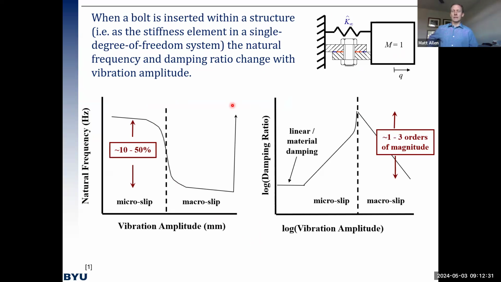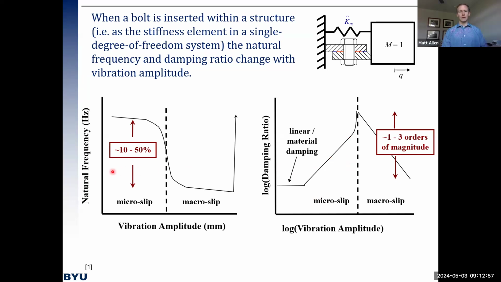What about energy dissipation? To talk about that, I've put a bolted joint in a one degree of freedom system. So we have a mass spring system where the bolted joint is the damper. That way we can talk about damping in terms of damping ratio. Otherwise, we can talk about just the energy dissipated in a joint, but maybe it's a little harder to get a feel for what that means.